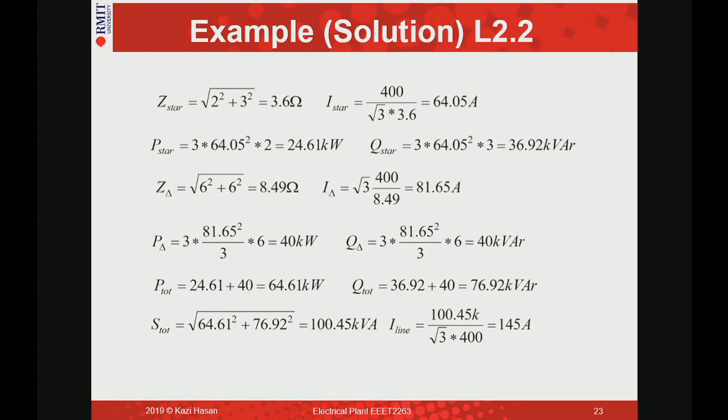So this is the way we calculate our line current. And this line current is the total line current coming from the source, because this is the total apparent power coming for both loads, for Y and for delta.